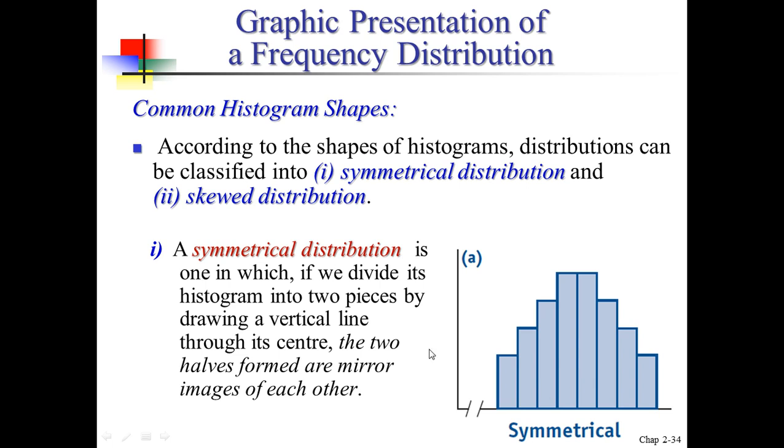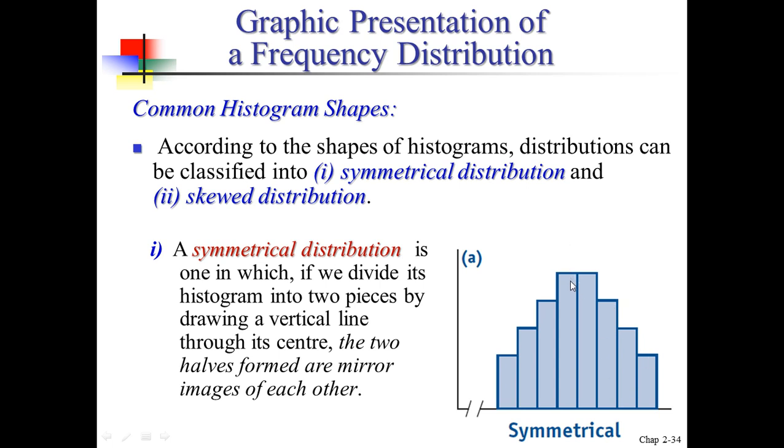or two pieces by drawing a vertical line through the center. This is the vertical line through the center. This is the center. The two halves form a mirror image of each other, one half and the other half.